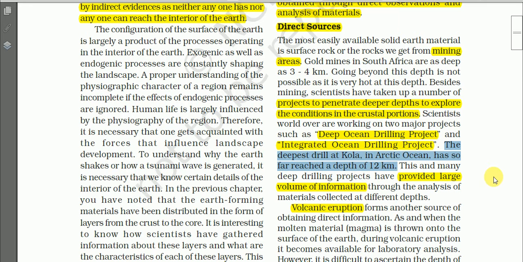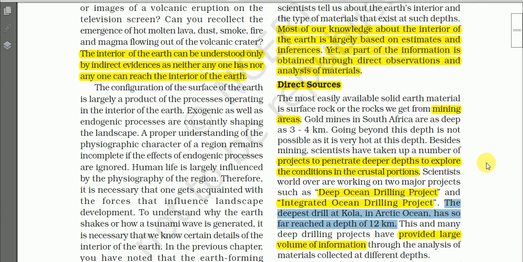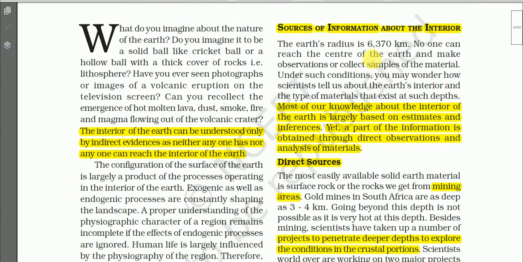The deepest drill at Koala in the Arctic Ocean has so far reached a depth of 12 kilometers. That means scientists can make a hole in the Earth's interior up to 12 kilometers. However, the radius of the Earth is 6,370 kilometers.